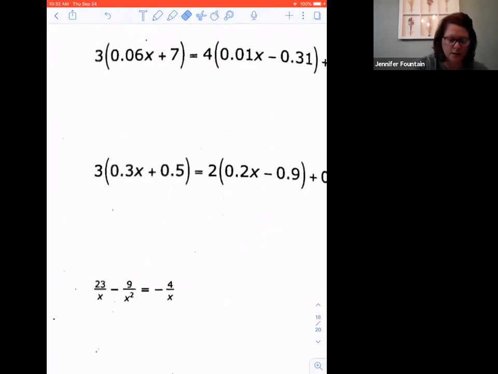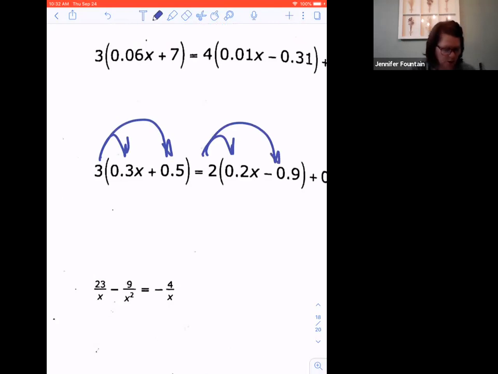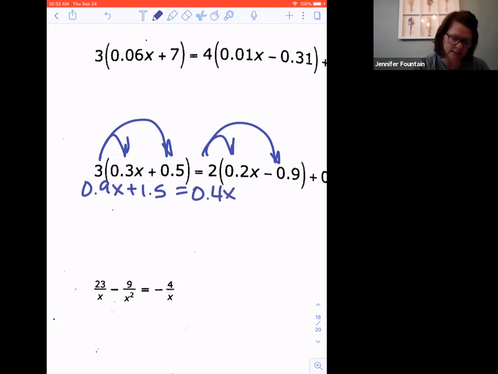All right, so on this one, the first thing, distribute. So I've got 3 times 0.03x would be 0.09x plus 3 times 0.5 is going to be 1.5 equals 2 times 0.2x would be 0.4x minus 2 times 0.09 is going to be 0.18.